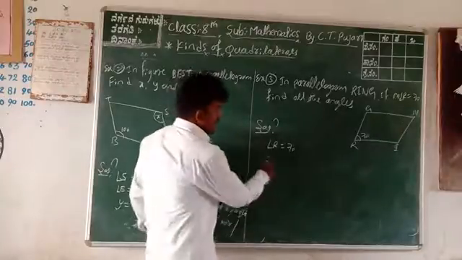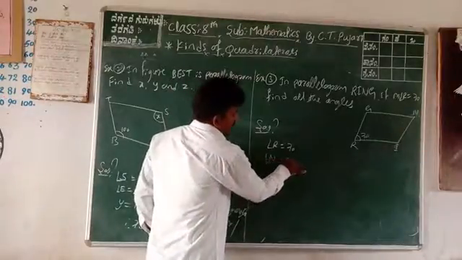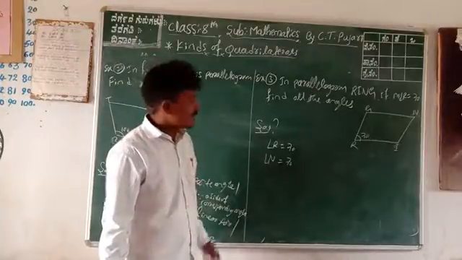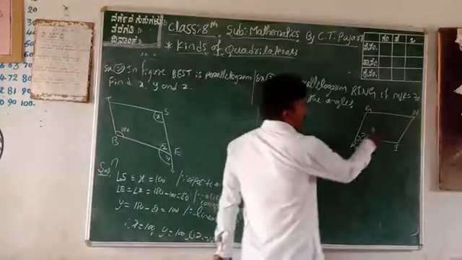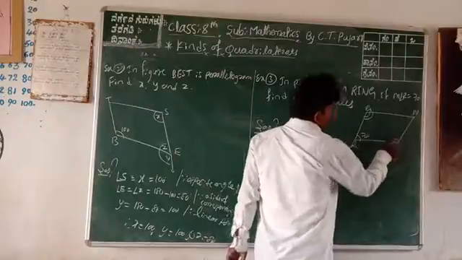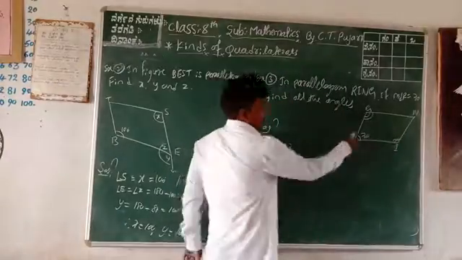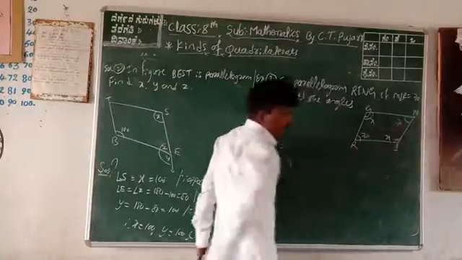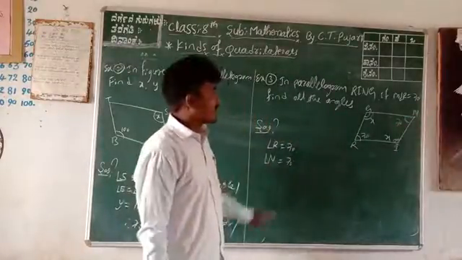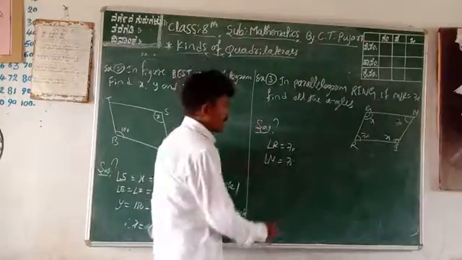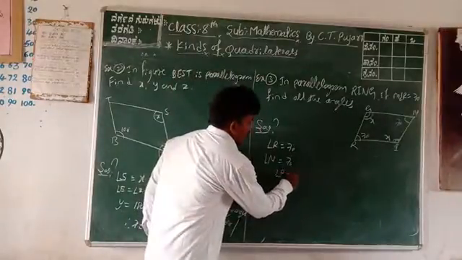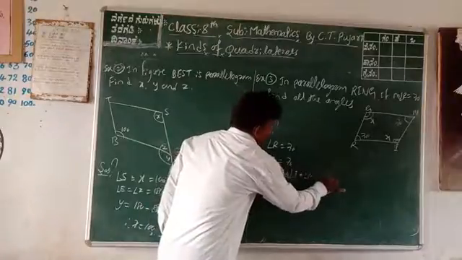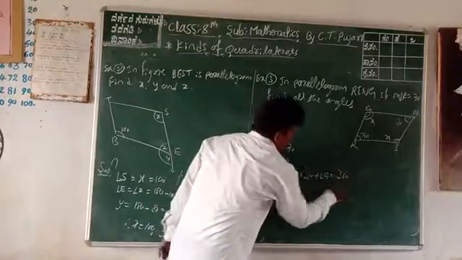But angle N is also 70 degrees, because opposite angles are equal. These two are equal, then these two are also equal, you can consider x. This is also 70. The sum of the four interior angles of a quadrilateral is 360 degrees. Therefore, angle R plus angle I plus angle N plus angle G is equal to 360 degrees.